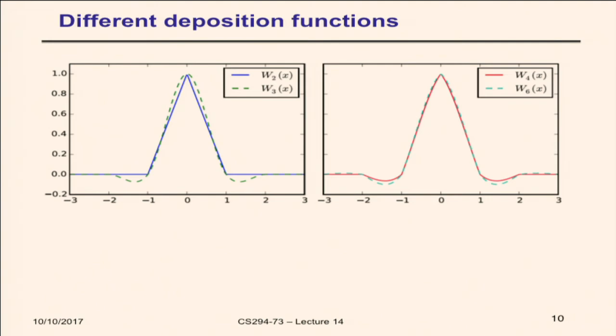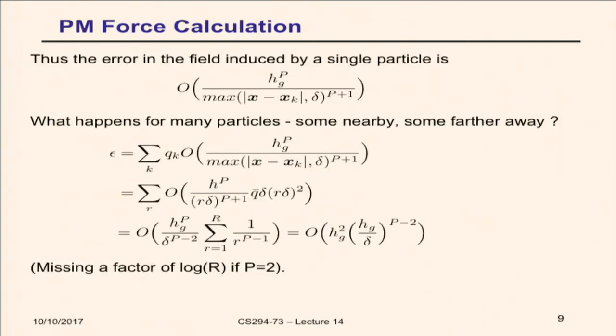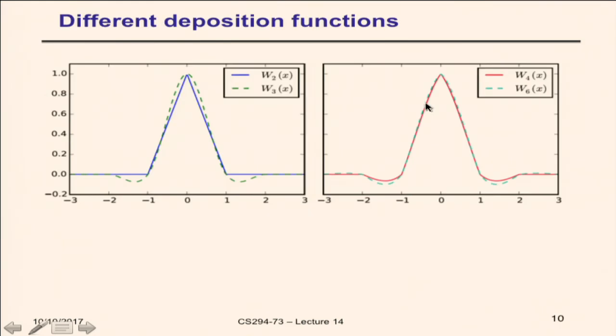So there are accuracy considerations there. They're all buried in what happens in your particle mesh calculation, because they're all buried in choice of delta. Remember, the particle-particle thing is assumed to be done exactly. So questions?